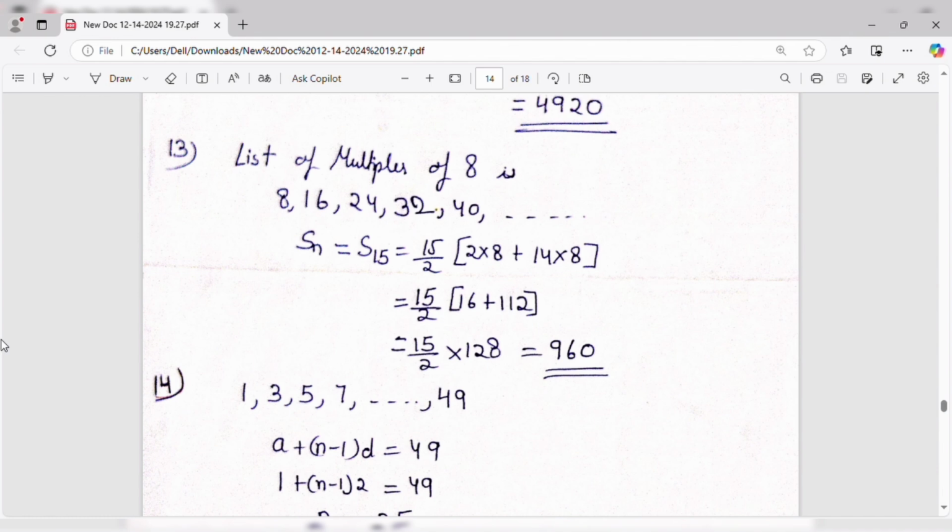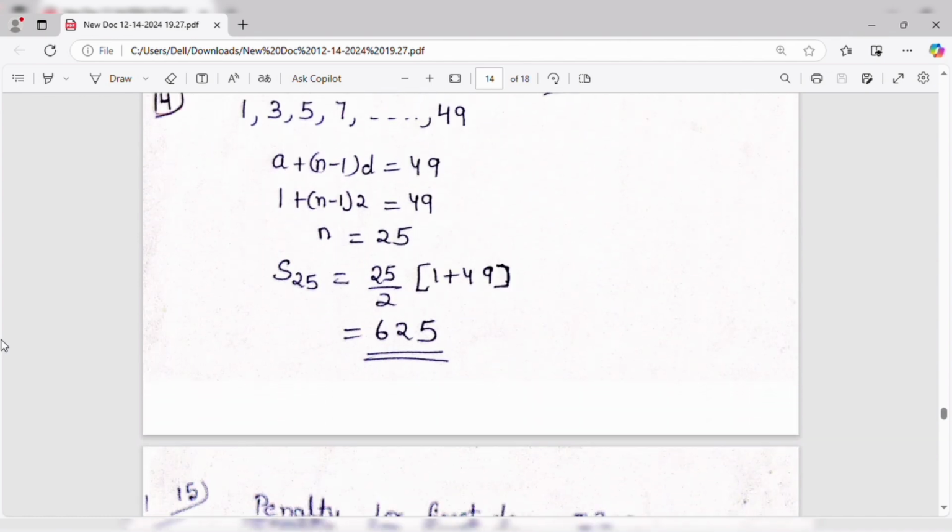We will go with the table of 8 and we will get the AP. In this we have a, we have d and we have n. We will just apply the formula and we will get the sum as 960.